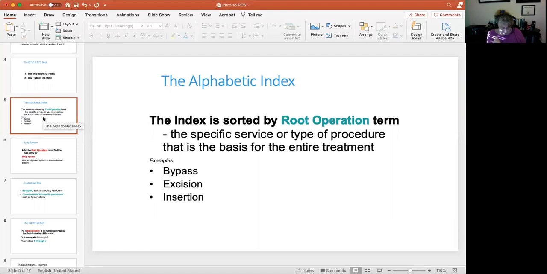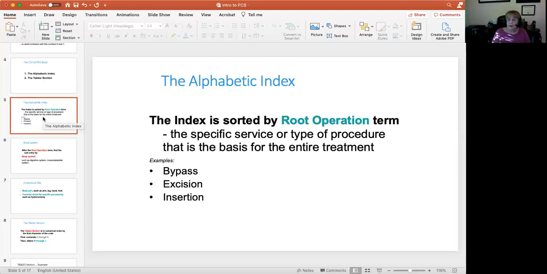So I was trying to figure out which one it was, because I looked under replacement in the alphabetic index. It's not a removal, because even though they removed the old stent, they put a new one in. So removal wouldn't be the surgery.